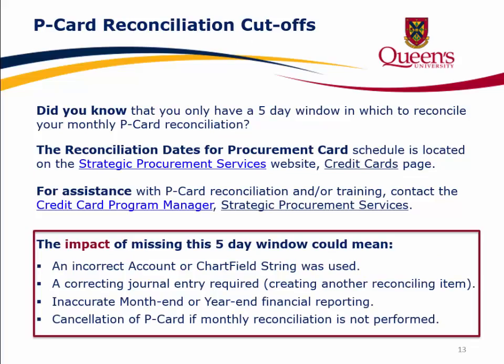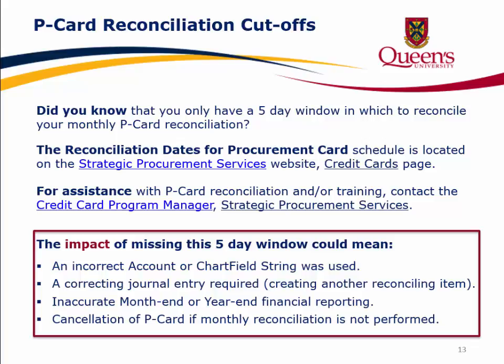P-card reconciliation cutoffs. Did you know that you only have a 5-day window in which to reconcile your monthly P-card reconciliation? The reconciliation dates for the procurement card schedule are located on the Strategic Procurement Services website, Credit Cards page. For assistance with P-card reconciliation and/or training, contact the Credit Card Program Manager, Strategic Procurement Services.